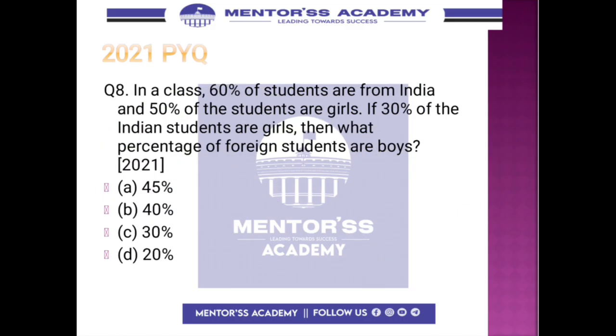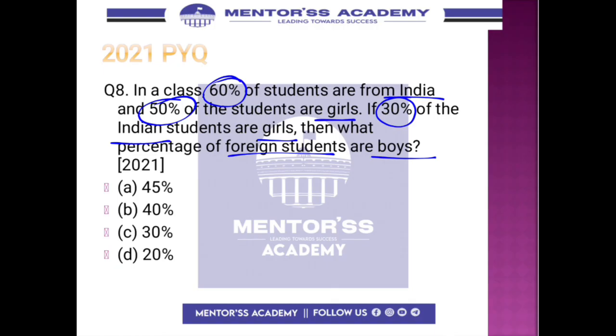For the next question, I want you to solve it and answer in the comment section below. Let me read out the question. In a class, 60% of students are from India, 50% of the students are girls. If 30% of the Indian students are girls, then what percent of foreign students are boys?